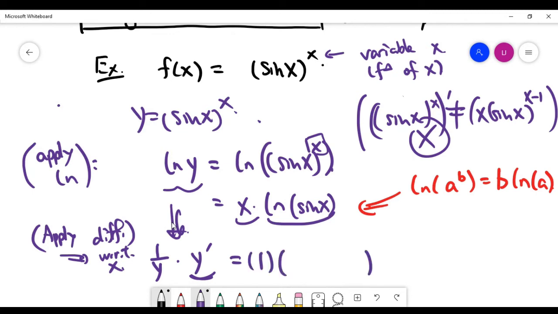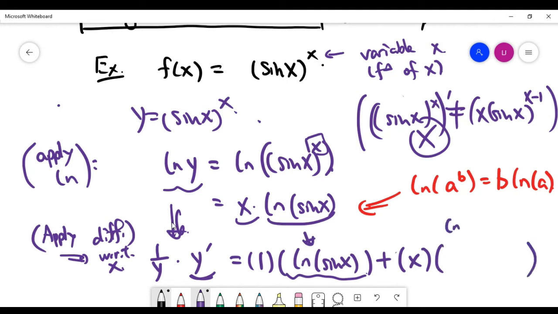So I can actually apply the product rule. Ln of sine x is the second term here, and plus x times the derivative of ln of sine x.